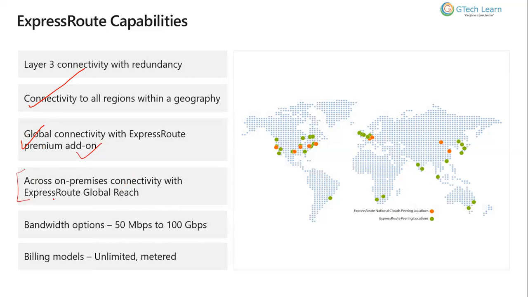You can use it across on-premises locations with ExpressRoute Global Reach. It gives you bandwidth options from 50 Mbps to 100 Gbps, and unlimited and metered billing models are available. That is what we have to discuss briefly for ExpressRoute capability.